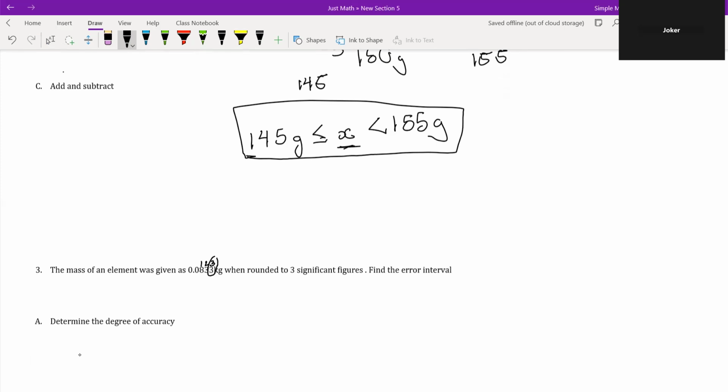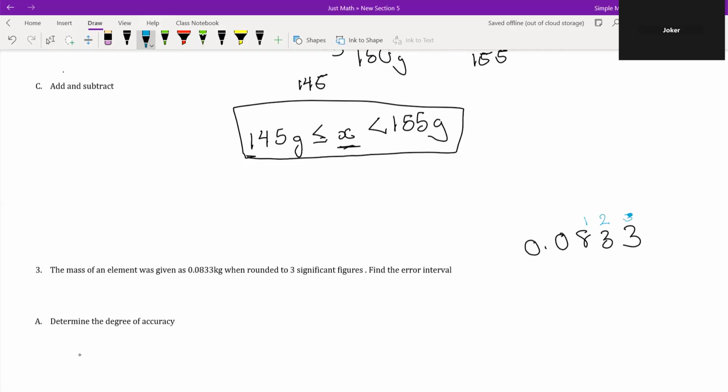We determine the accuracy of the third significant figure. Let me write it out: 0.0833. And the third significant figure is this one here. Let me use a different color. So this is our first significant figure, second significant figure, third significant figure.